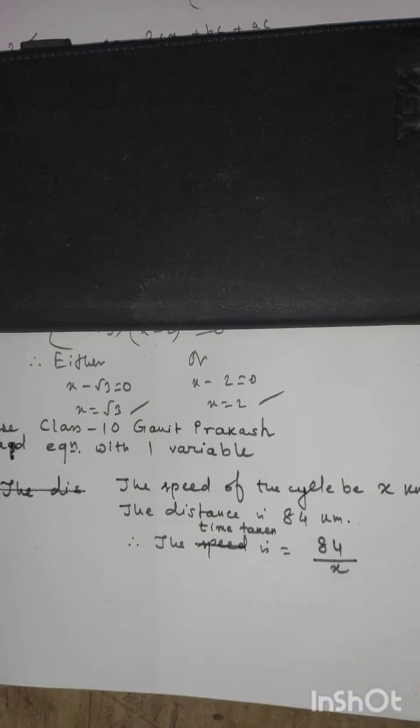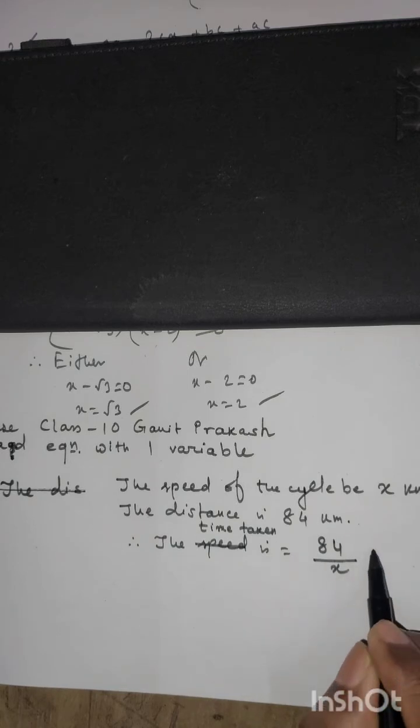We know distance covered is equal to speed into time. So the time should be distance by speed. Okay, 84 by x hour.